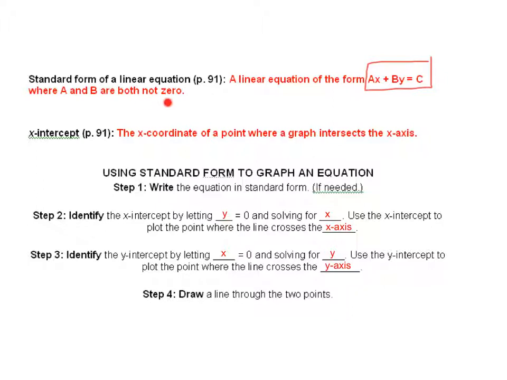And this whole idea of being not 0 makes sense to me, because if I let a equal 0, my x is going to go away. And if I let b be 0, my by term goes away. I end up with horizontal or vertical lines if that's the case.